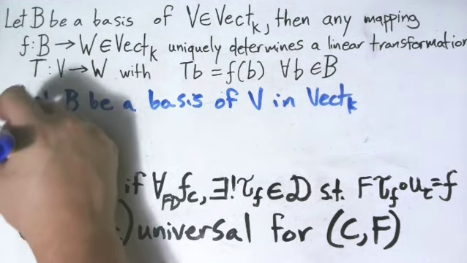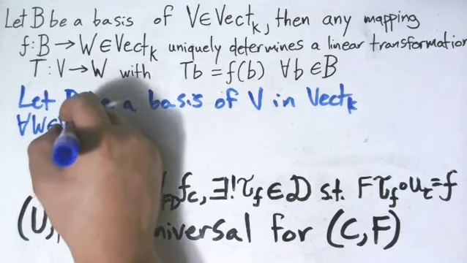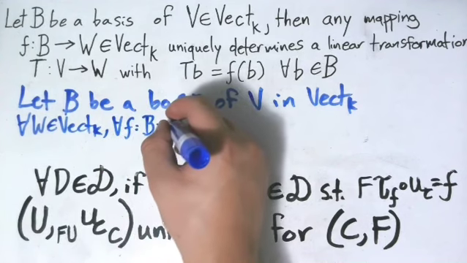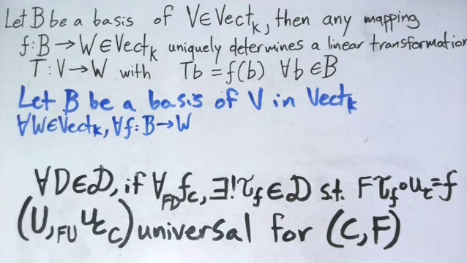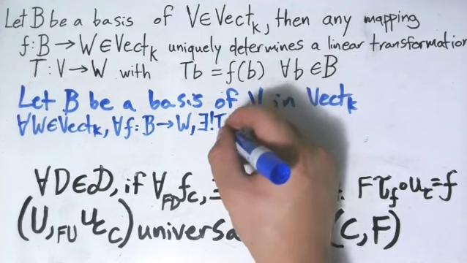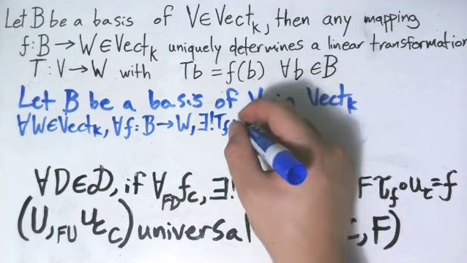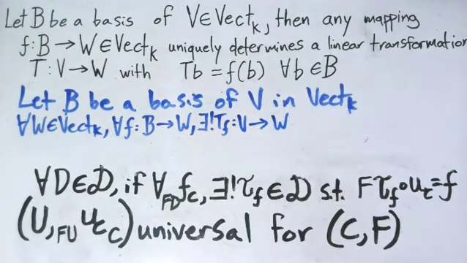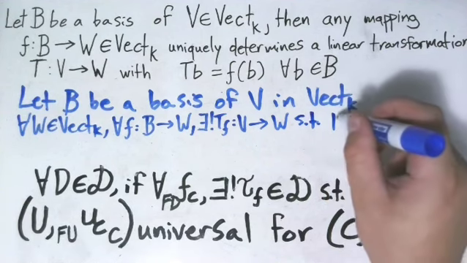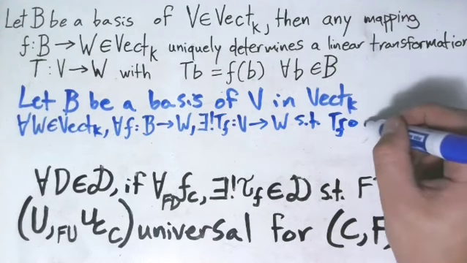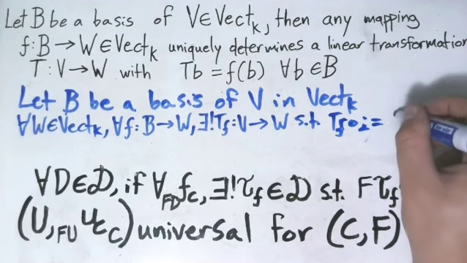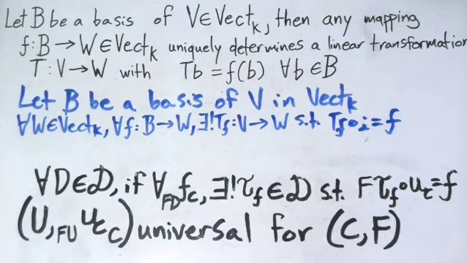Then for any vector space W in Vect_K, and for any mapping F from those basis vectors to that vector space W, there must be a unique linear transformation T_F going from V into W such that T_F after I is equal to F, where I is the inclusion map.